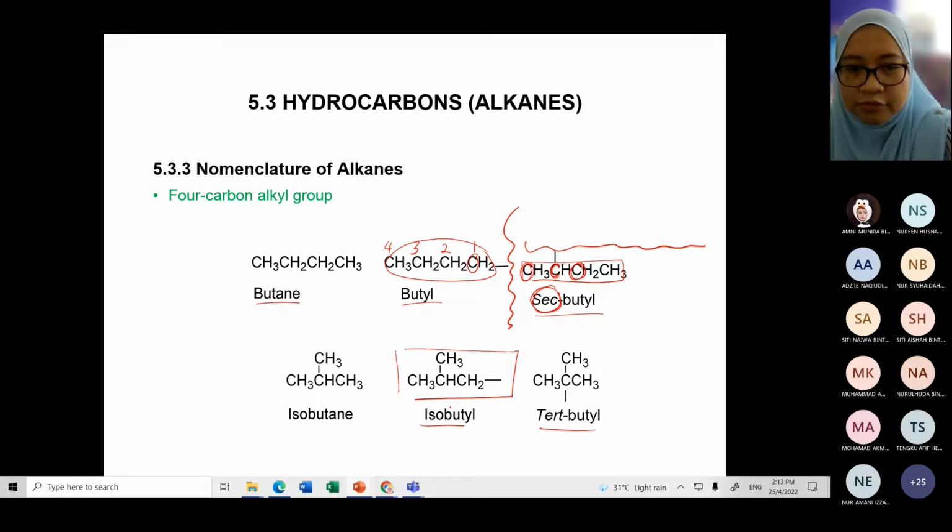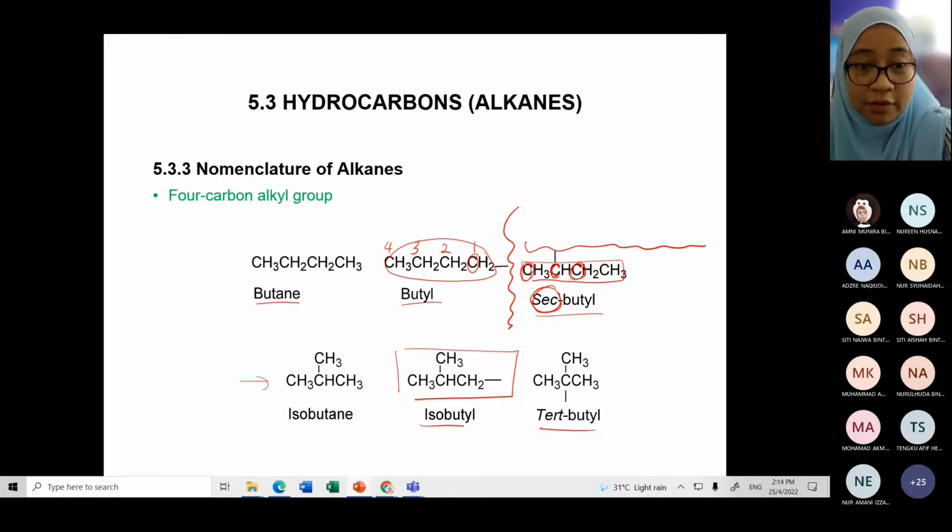Alternatively, we can have this form, which is called isobutyl. If this is the only chain that we have, it can also be the parent.